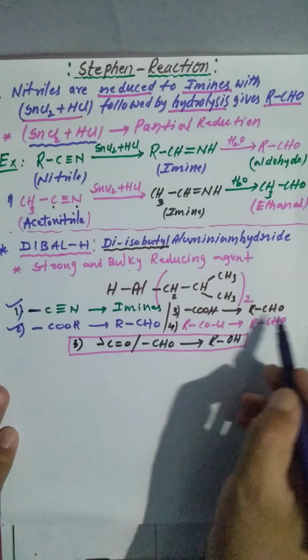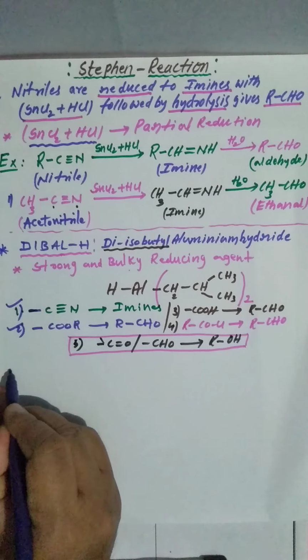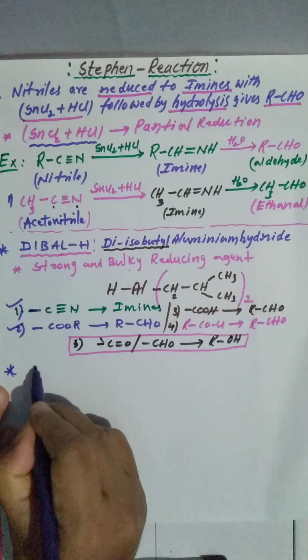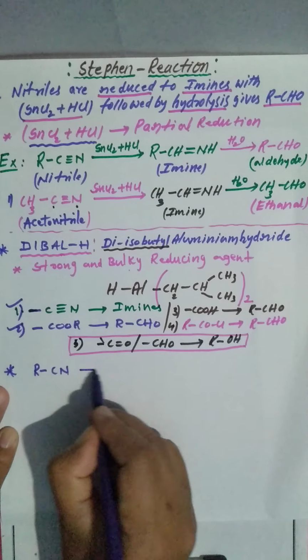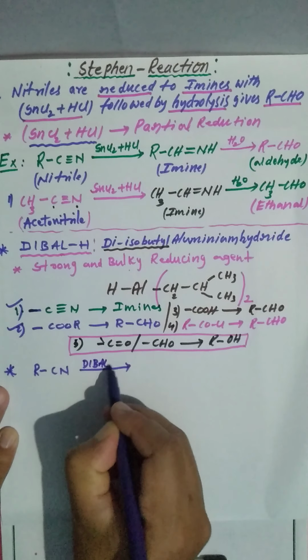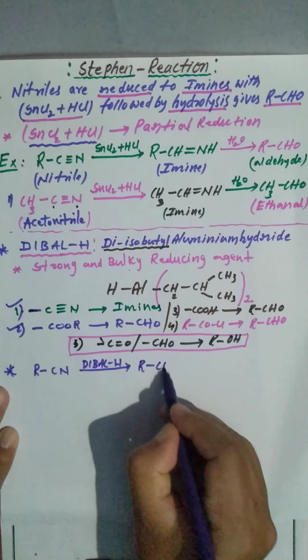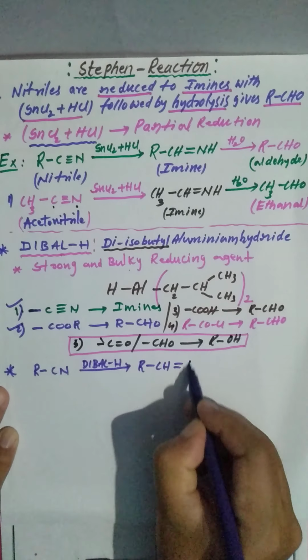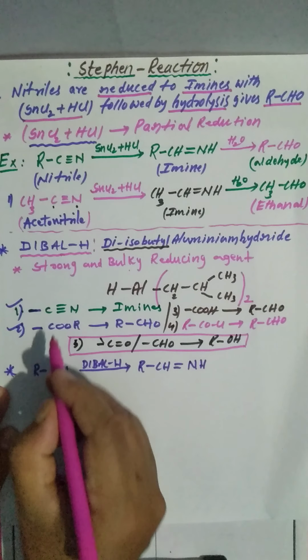This is also major, but mainly, one I am taking from nitrile. I am taking RCN in the presence of DIBAL-H. So it is converted to RCH double bond NH, imine. I told you, nitriles to imine.